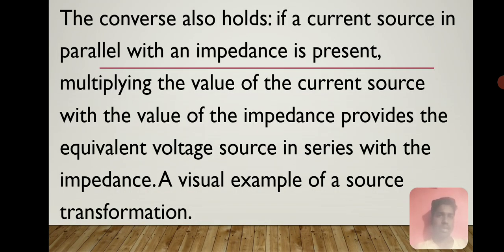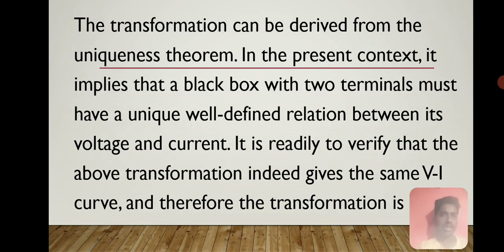The converse also holds if a current source in parallel with an impedance is present. Multiplying the value of the current source with the value of the impedance provides the equivalent voltage source in series with the impedance. The transformation can be derived from the uniqueness theorem.